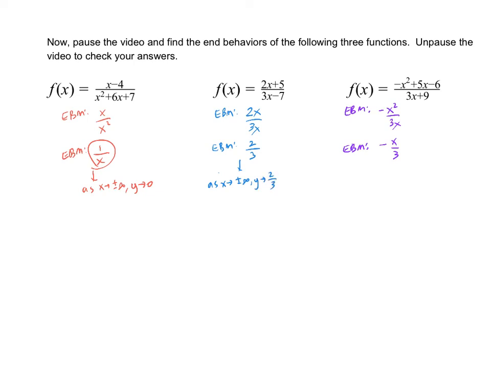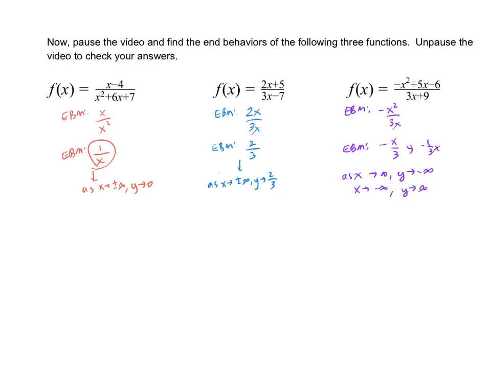And then for the last one, this one actually has a number on top of 3. So you're going to have a really giant number, or a really negative number, that's being divided by 3. So this is going to go to one of the infinities. In fact, this is going to act like the end behavior of negative 1/3 x, which is a polynomial. So as x goes to infinity, the y is going to go to negative infinity. And as x goes to negative infinity, the y is going to go to infinity.